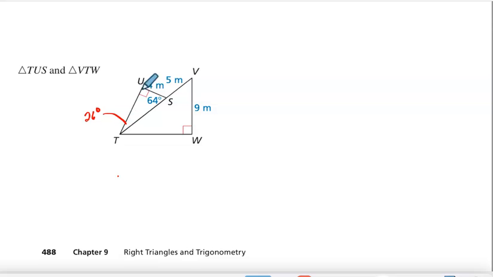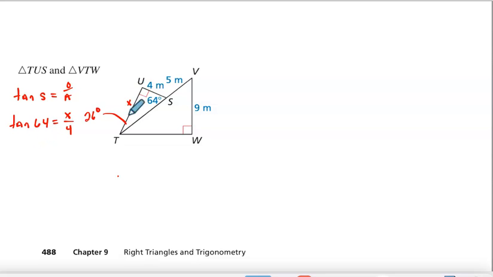Okay, so let's get UT. So I have 64, I have the adjacent side to 64, so I can use tangent to get the opposite side. So remember, tangent of an angle, so I'm going to do the tangent of S is equal to opposite over adjacent. So the tangent of 64 is equal to opposite, which we don't know, over adjacent, which is 4.